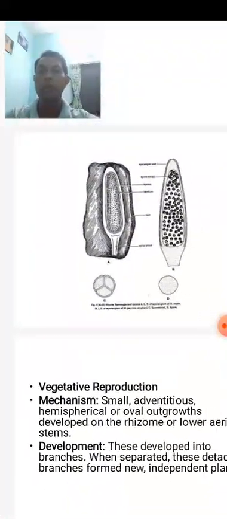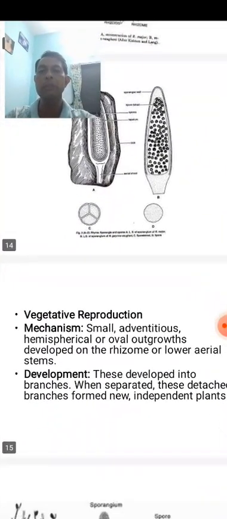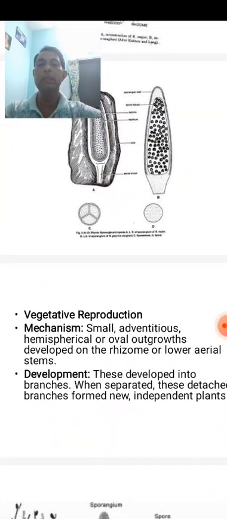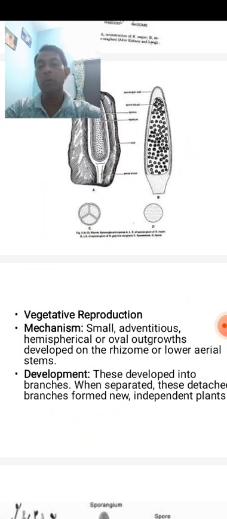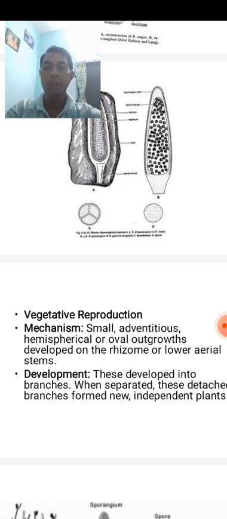Now moving to the next part, vegetative reproduction. In Rhynia, vegetative reproduction is very common. The mechanism involves small adventitious hemispherical outgrowths developing on the rhizome or lower aerial stem, which later develop into branches.